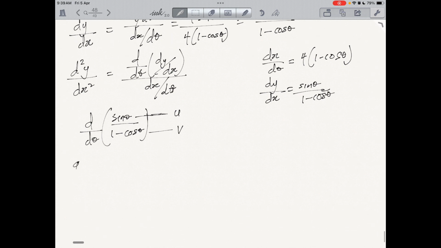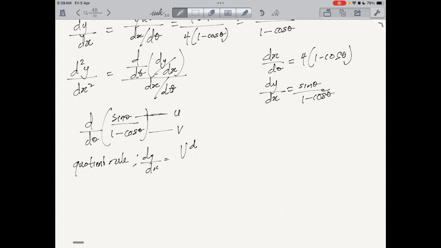And for the quotient rule, just like we have done in this series, videos number 9 and 10, differentiation of a quotient, the quotient rule says that dy/dx is equal to v du/dx minus u dv/dx, all divided by v squared.